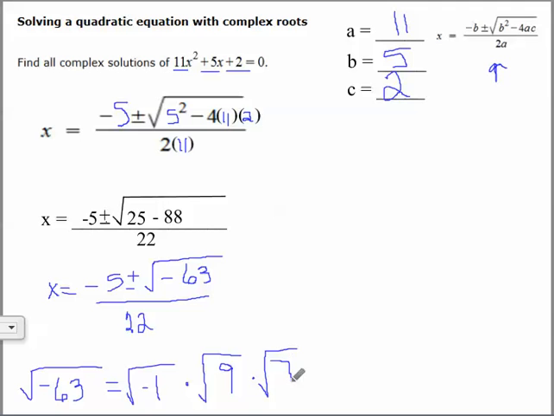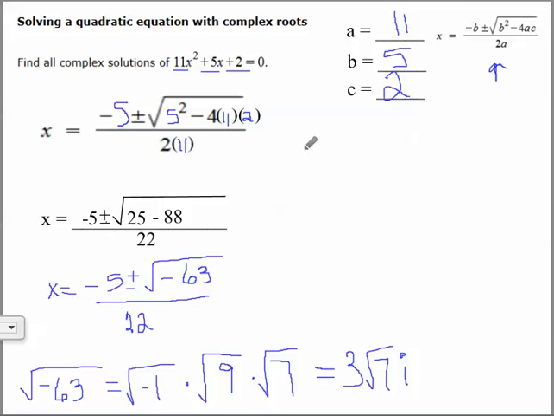So if I break down this square root of -63, it's the -1 that takes care of our negative, and then 9 times 7 is 63. So now we just go, okay, well, the square root of -1 is i, the square root of 9 is 3, and the square root of 7 we can't simplify, so we're just going to leave it underneath the square root sign. Okay, so 3 square root 7 times i is the simplified version of the square root of -63.